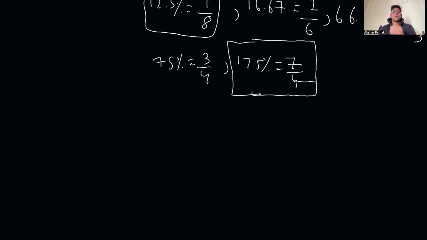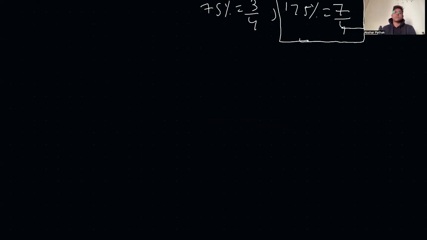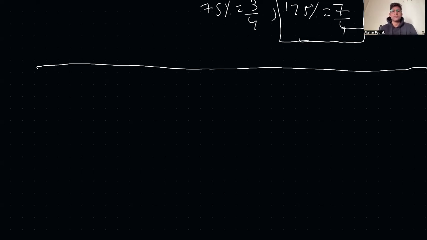So first of all, I want to teach you percentage in such a way that if you conquer any question, you can do it. You don't need tricks and tips. You just need to apply your aptitude.